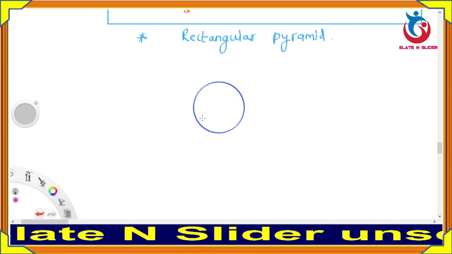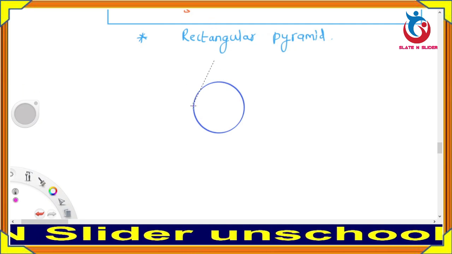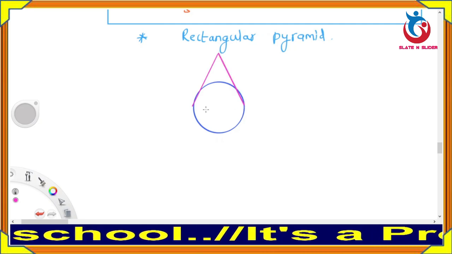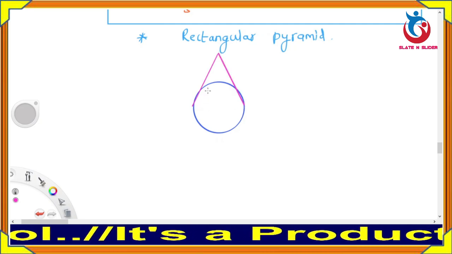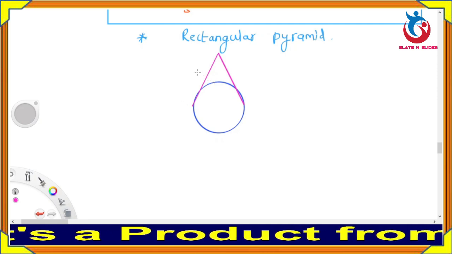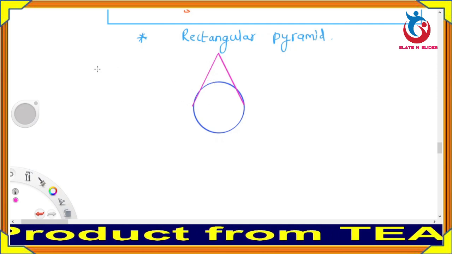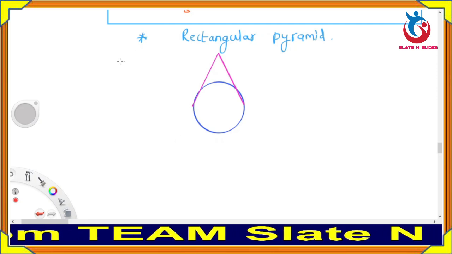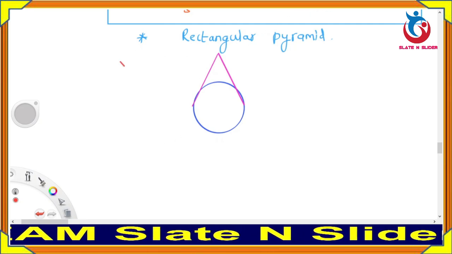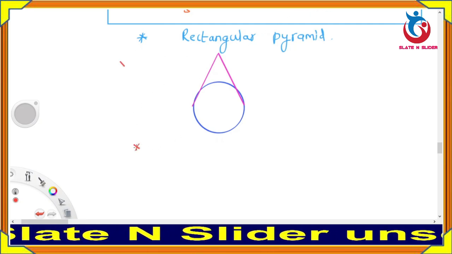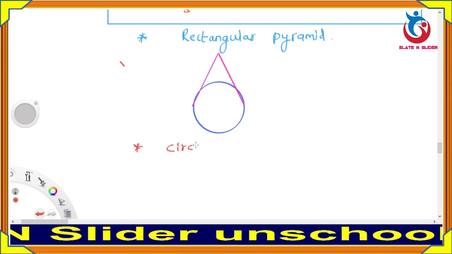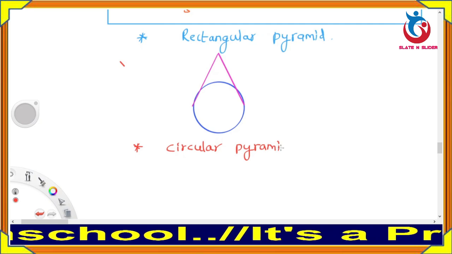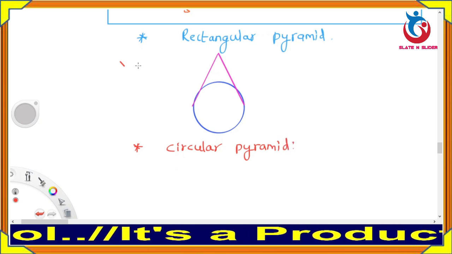We have to join. Actually this is like the cap of a clown. Clown means joker. Actually this is also called a circular pyramid. But it has some other name, that is cone.